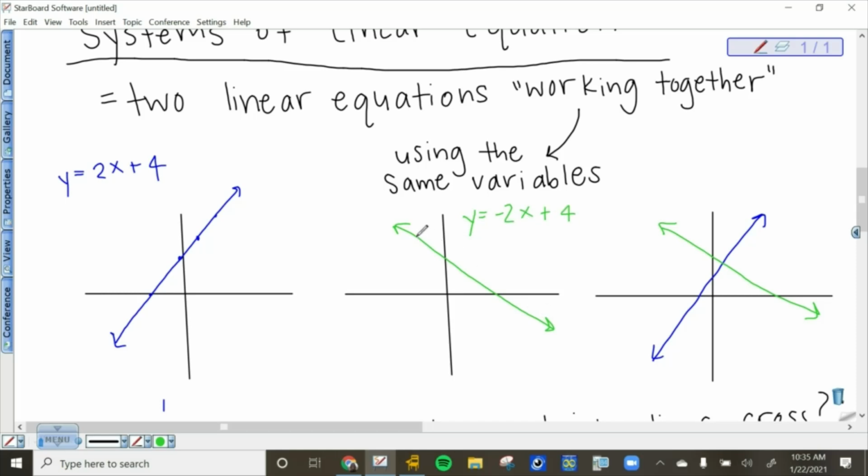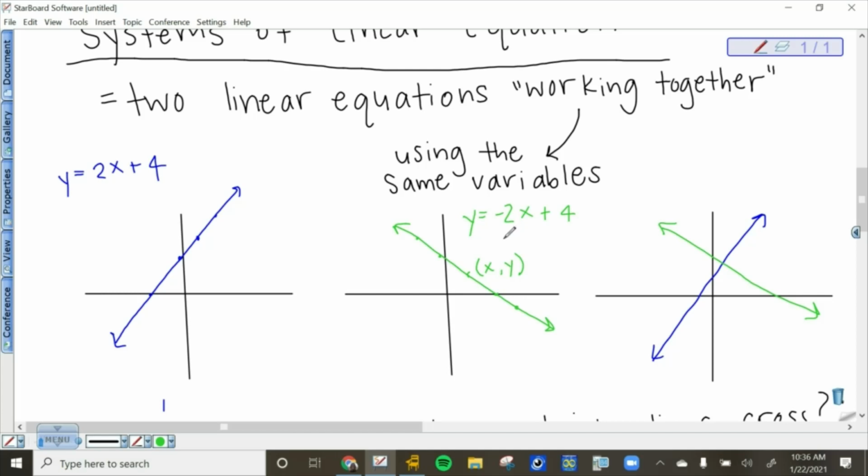But again, every single point on this green line is an ordered pair, x, y, and can be plugged back into this equation and would make the equation true. Every single point on the line is a solution to the equation.